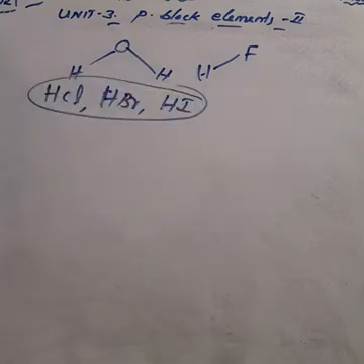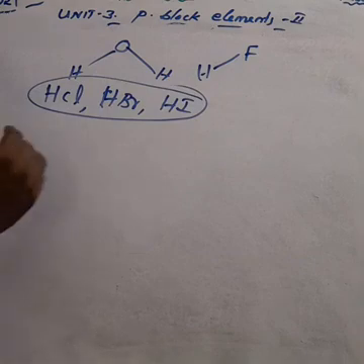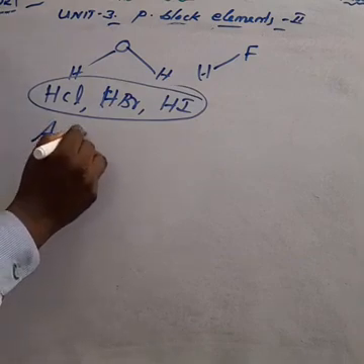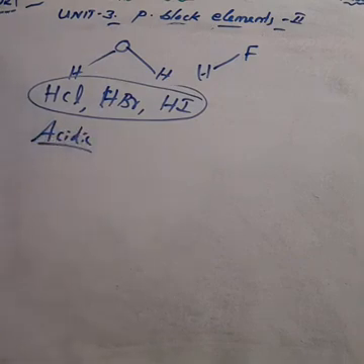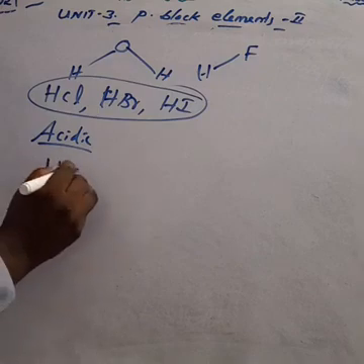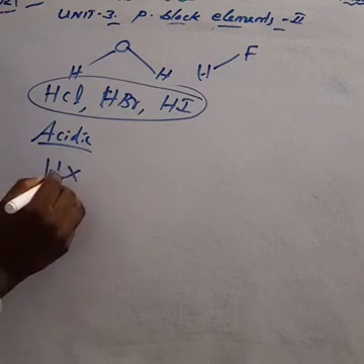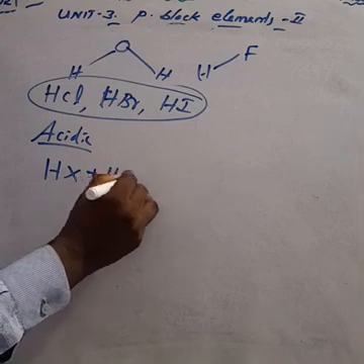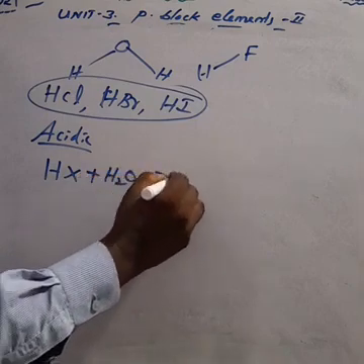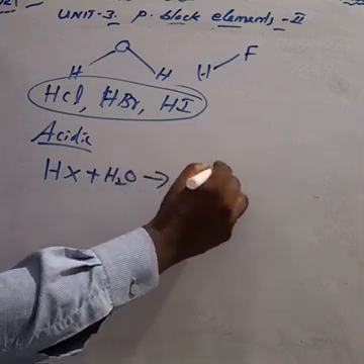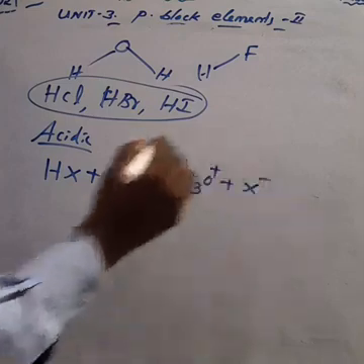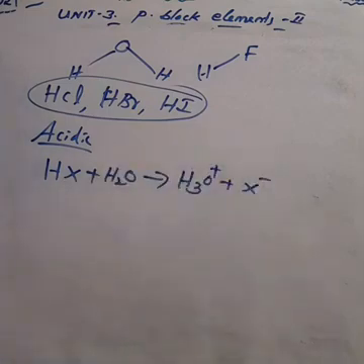Next, the acidic property. Taking the hydrogen halide as HX, on reaction with water we get H3O plus and X minus. H3O plus is the hydronium ion.